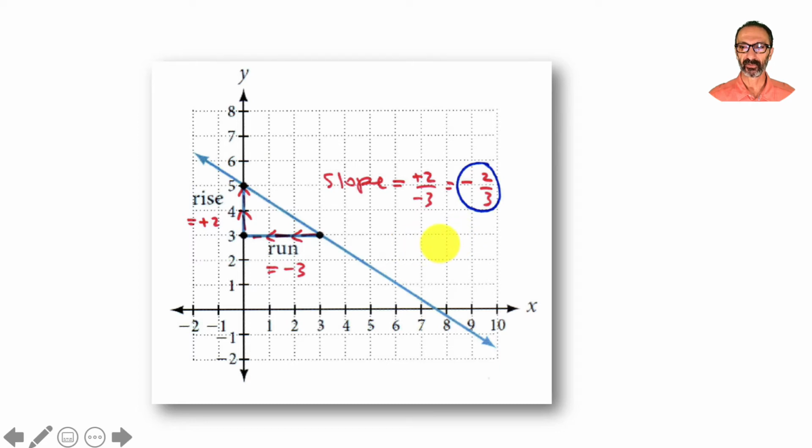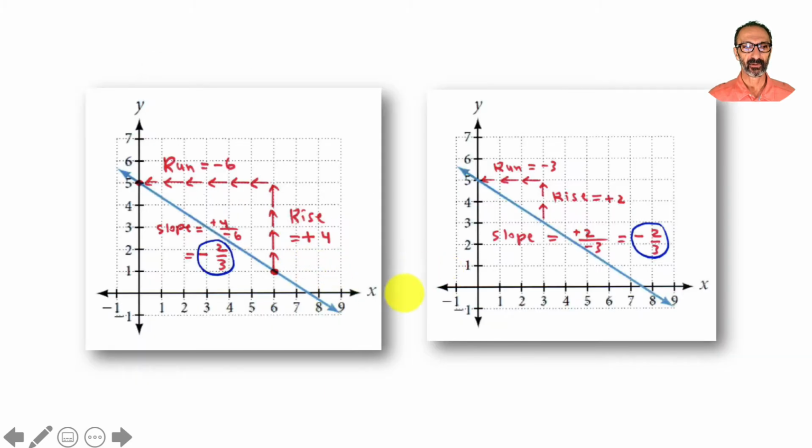Now, for this graph, this point and this point will do the job, but if you pick a different point on the graph, like this point right here, up to this point, you're going to get 1, 2, 3, 4 rising, 1, 2, 3, 4, 5, 6 negative as a run, simplifies to 4 over negative 6, which is negative 2/3.